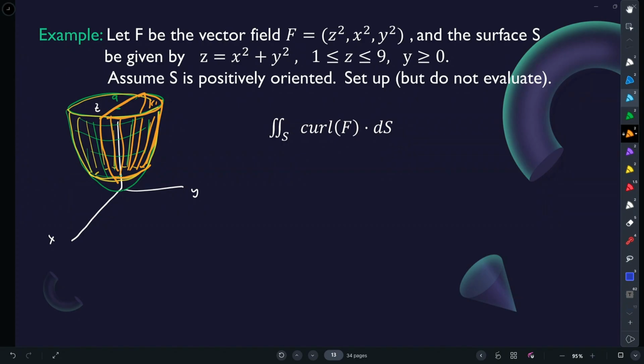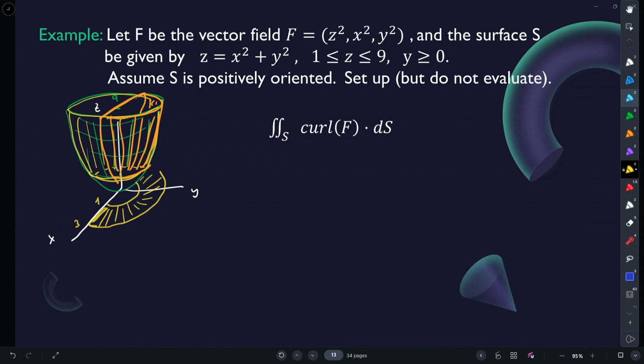So I want to try to integrate that. One question is parameterizing that thing, and we're going to have to figure out what that is. There is also the question of what the parameter space is. You can see that it's going to start at 1 and go all the way up to 3.